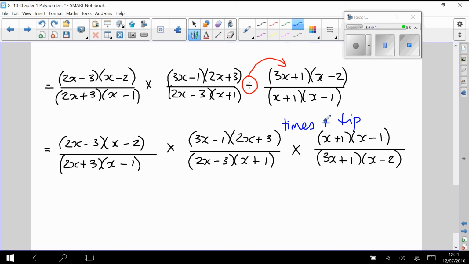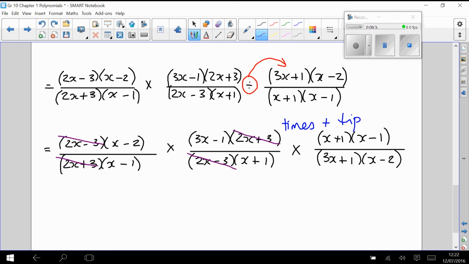Now what remains is for me to cancel common factors. If I cancel common factors, I must find one factor in a numerator which matches the same in a denominator, or one in a denominator which matches the same in the numerator.